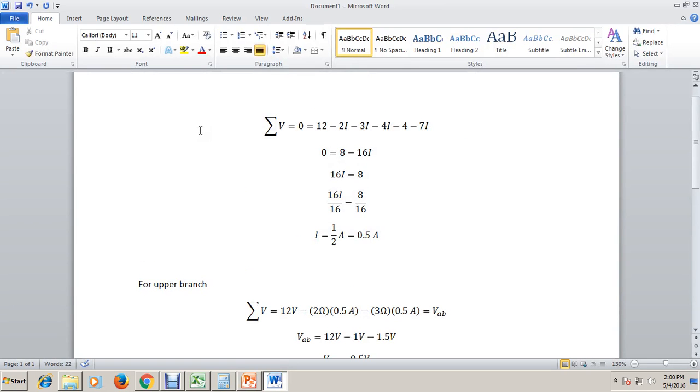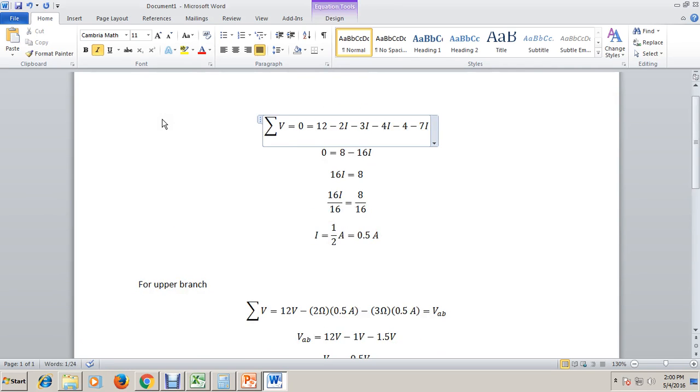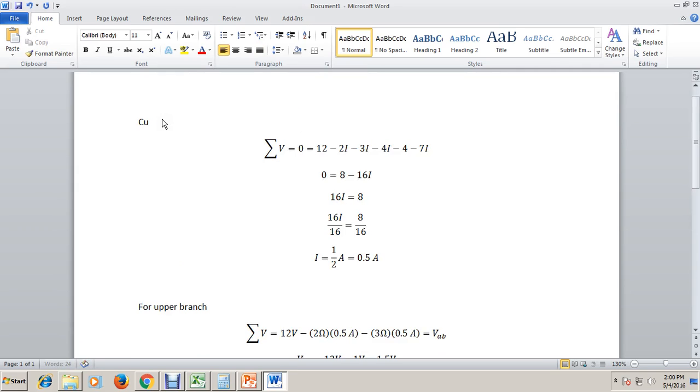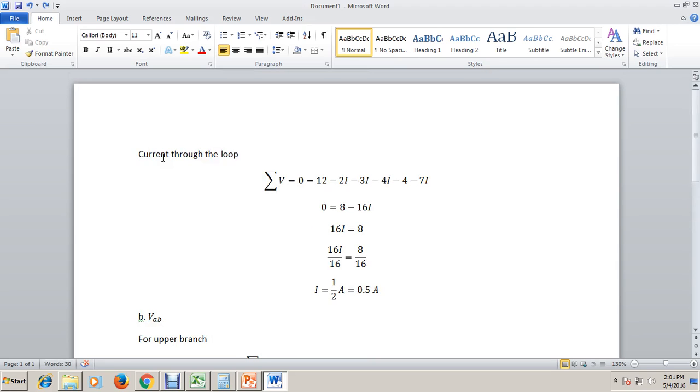So this is for letter A, this is for letter B. Letter A is for the current through the loop, and letter B is for V sub AB.